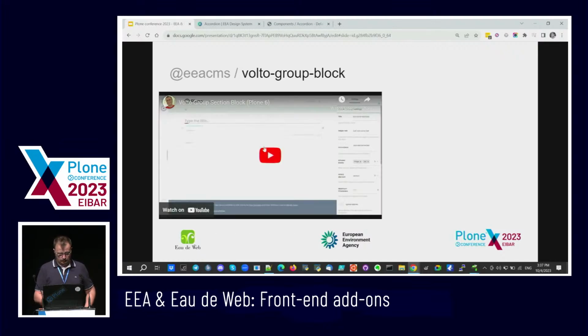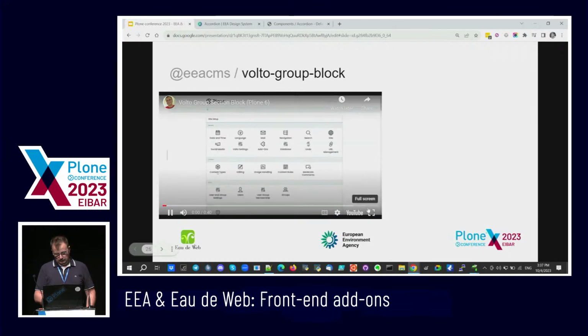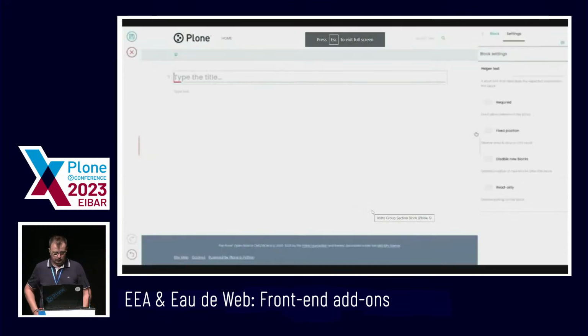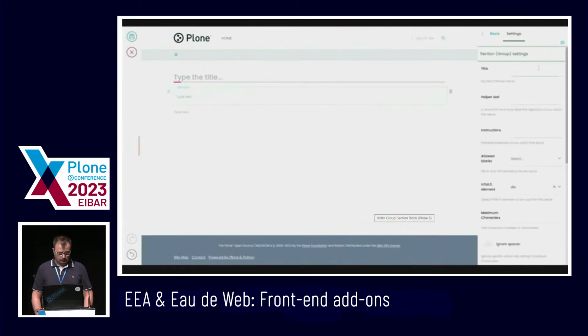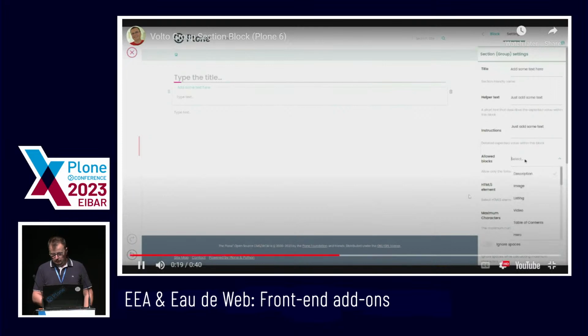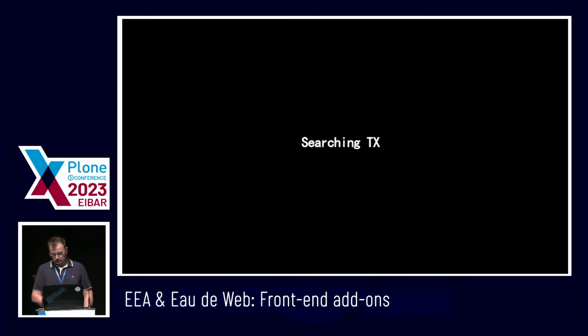The group block, this is just a group of blocks, but I will show you a hidden feature of it that is enabled only in the Dexterity layout editor. So basically, here in the block settings, you can say the allowed blocks, and then the HTML5 section, and then there was this maximum characters.